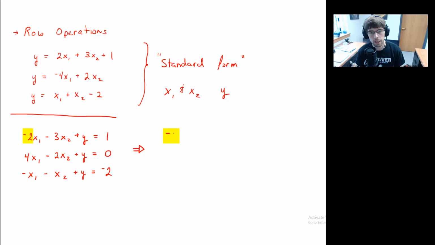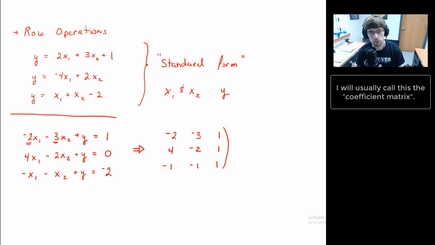I'm going to write down the coefficients for each of my three variables. So you notice I'm just taking the coefficients here. Don't forget the negative signs. Very important. So I will go ahead and write down my coefficients. And notice that I end up with a 3 by 3 matrix of just coefficients.